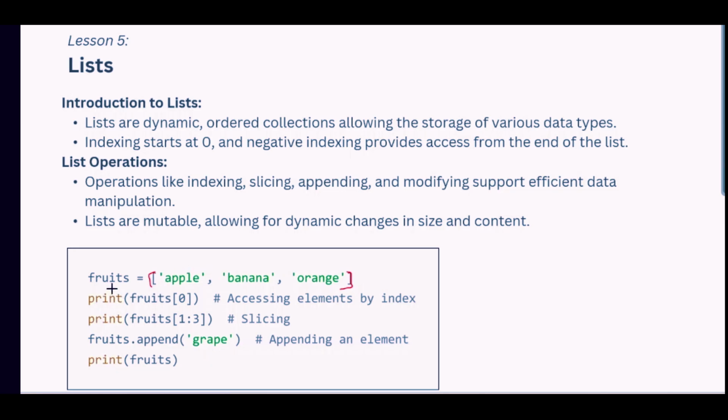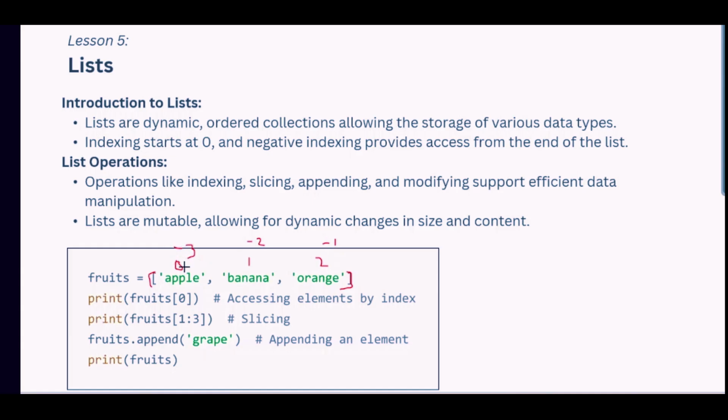For example, print fruits of 0, or fruits with index 0. So index 0 is this one. We need to remember that index always starts from 0, not from 1. There is one more way to access this apple. Its index is 0 and also its index is -3. So you can use both positive and negative indexes.